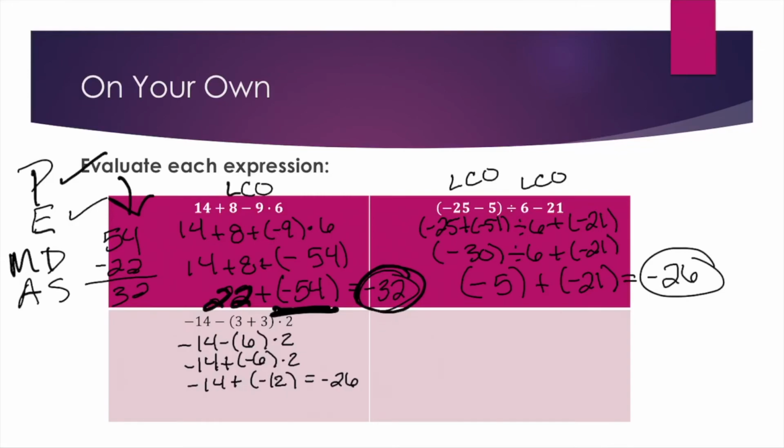So I have -30 divided by 6 plus -21. There are no expressions with exponents today, so I move on to multiplying and dividing. There's no multiplying, so I go to dividing, and I divide -30 by 6. I get -5, and I bring down my plus -21. They're the same sign, so I add them and keep the sign.